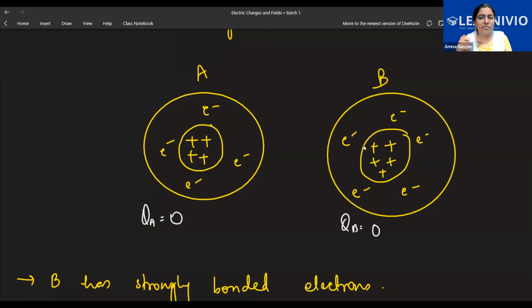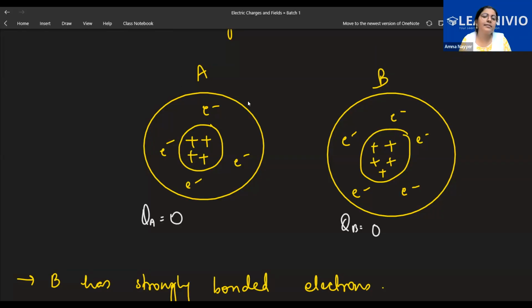So you tell me, from where will the electrons be easily able to move? From A to B or B to A? A to B, because here they are tightly fixed, all of these electrons, while these can easily move.